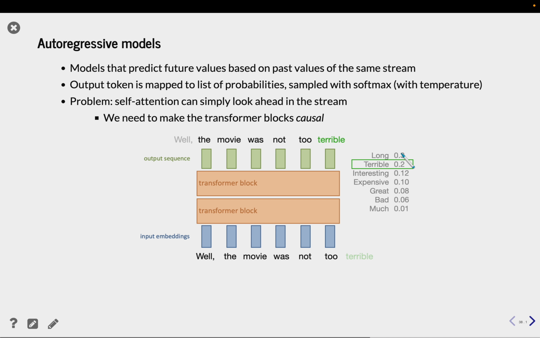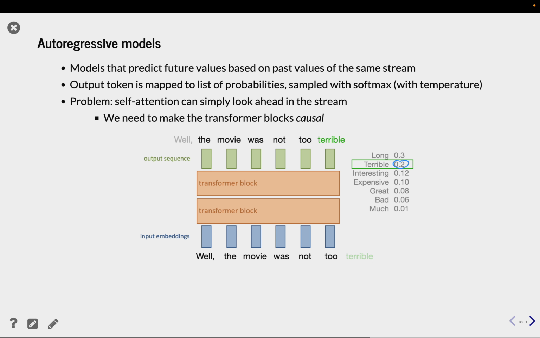This gives us some creativity in our model because they will sometimes choose very unlikely words. But overall, it will take the most likely words much more often on average.